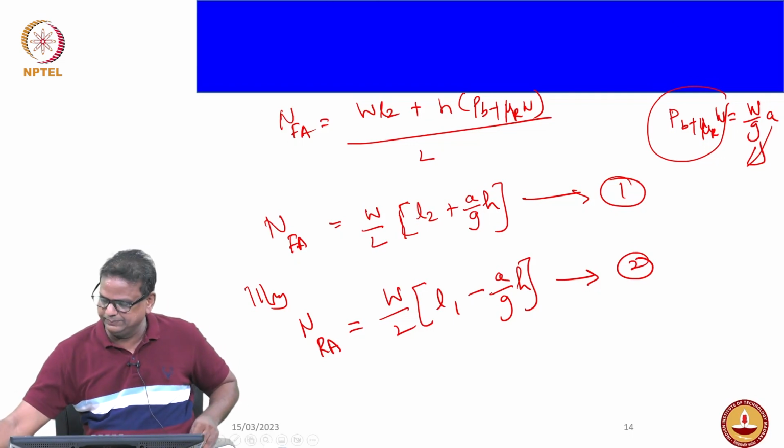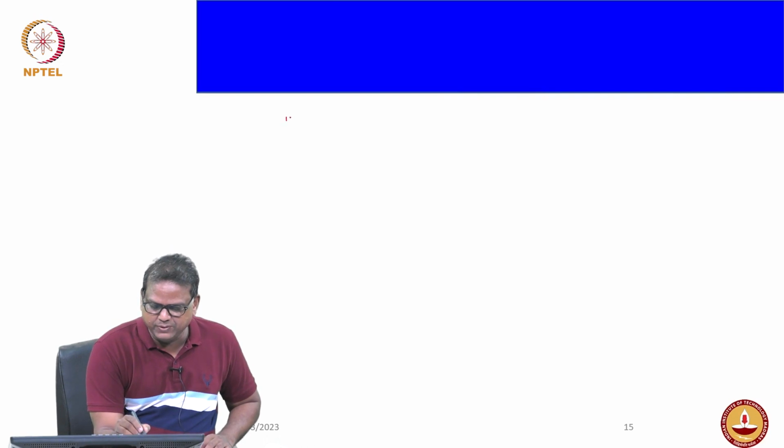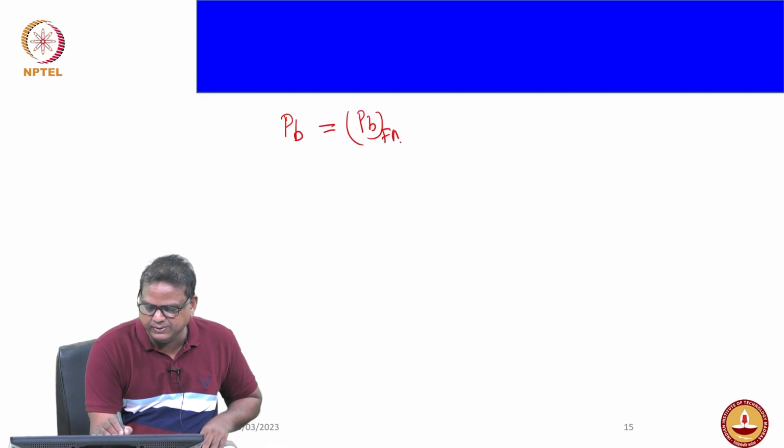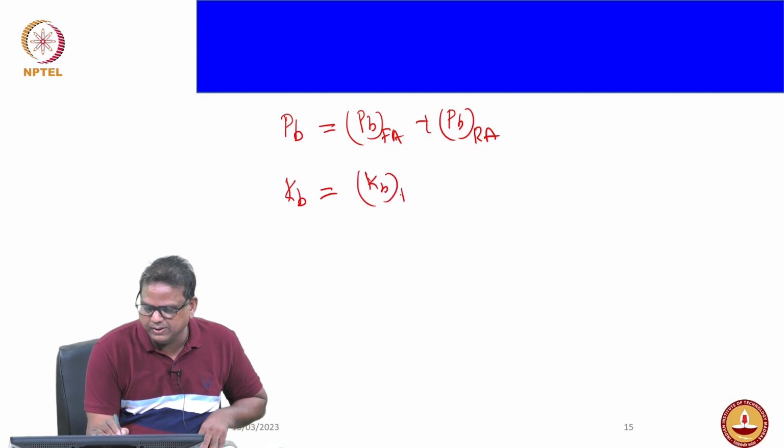And we know that the braking force, this is the general one, must be the summation of the braking force at the front axle plus the braking force at the rear axle. That is one term, we know that. Similarly, the braking proportion KB FA plus KB RA.